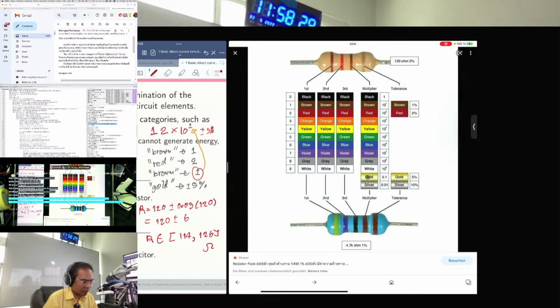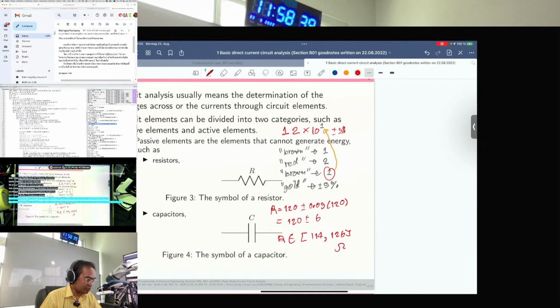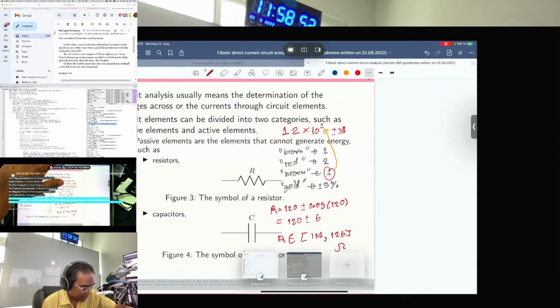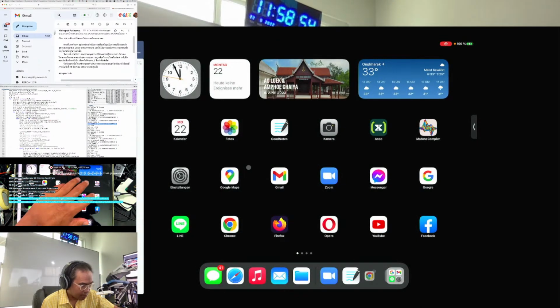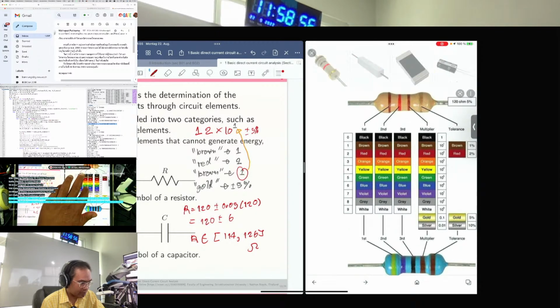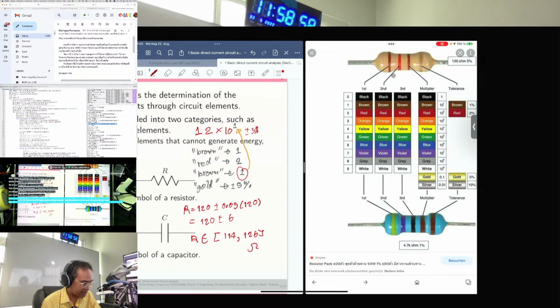And gold as the multiplier will be 0.1, and 0.01 for silver. All right, and that's the way for you to get the value of the resistor. In the circuit diagram they use the zigzag notation like this. But in reality, the product you can buy or have on the printed circuit board looks like this.